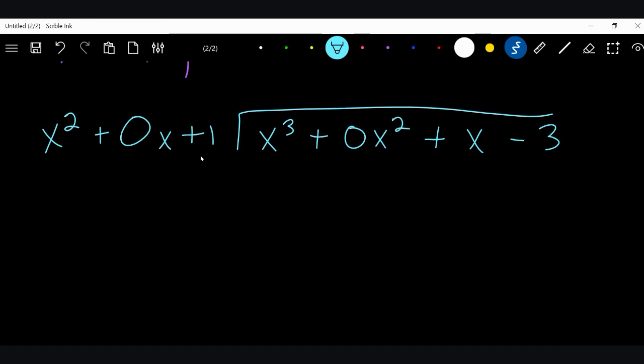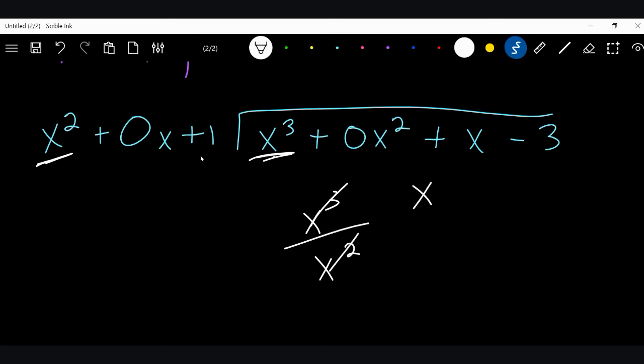If you have your book, you can look at how that one works out, but it works the exact same way. We'd go first into first, and I'll do the first little step. X squared goes into x cubed x times. In other words, this is what it looks like. X cubed divided by x squared. You subtract and you get x over 1 or x.